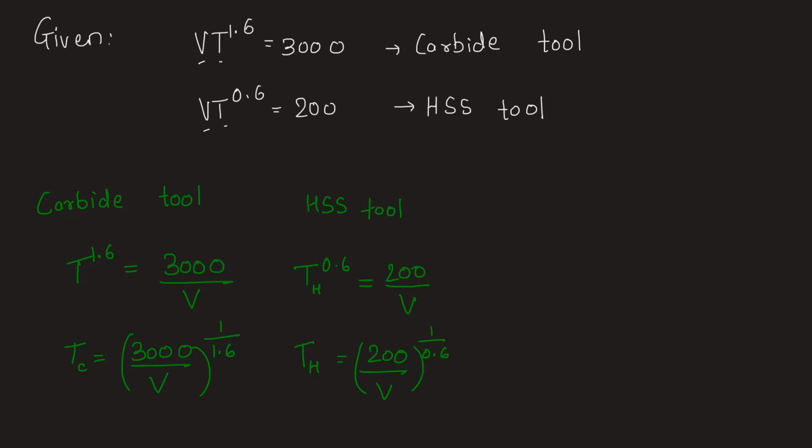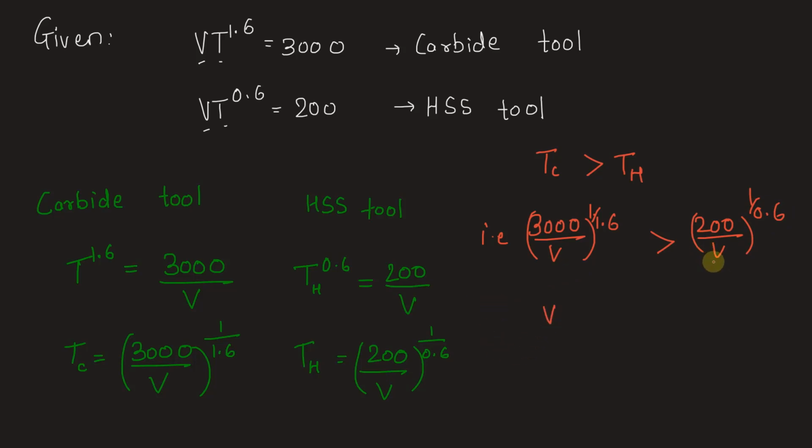Now we have the tool lives, we can compare the two. So we need to have tool life of carbide tool greater than tool life of HSS tool. So we can write TC should be greater than TH, that is (3000 upon V)^(1 by 1.6) should be greater than (200 upon V)^(1 by 0.6). Let's bring V on one side.